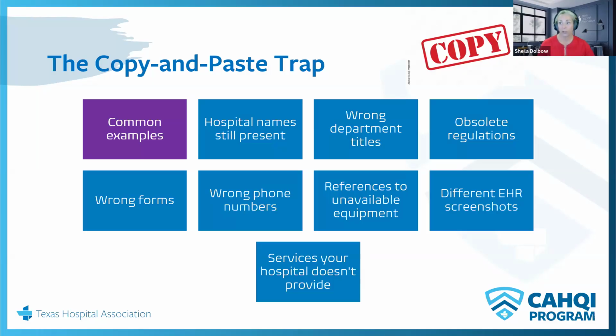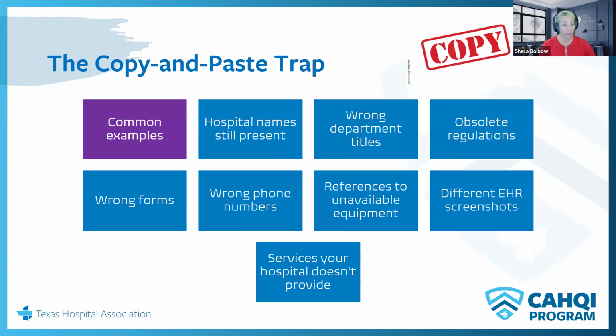Again, obsolete regulations, we always have to be mindful of those things. They may reference the wrong forms for your organization or wrong phone numbers. Area codes have changed over the years and in different places. Sometimes they add multiple area codes that maybe are within the same region or something has changed, and a wrong number is listed, which would make it very difficult for someone to call if they needed to verify something. References to unavailable equipment.